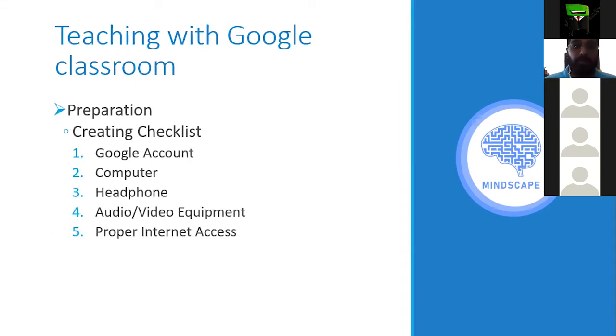All right. So during this transition, when you start with Google Classroom, please make sure your students have a Google account, a proper computer, and then a proper headphone so that they can have a mic and speak to you and you can have communication with your student, because in teaching communication is the key.